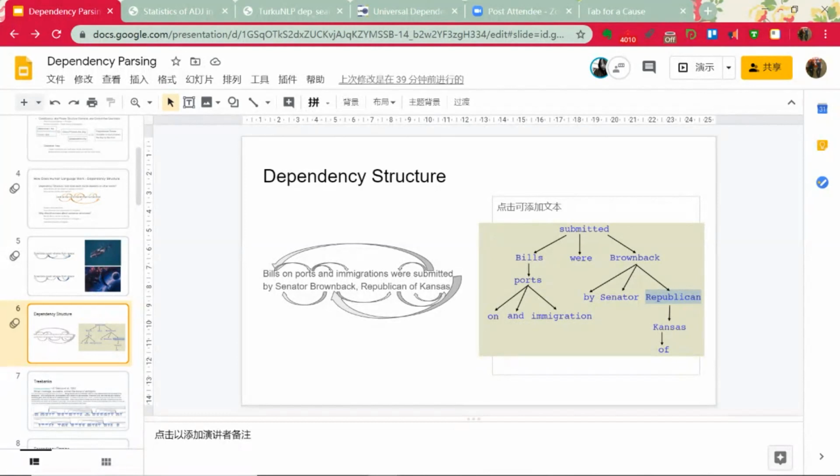From my understanding, that whole thing should be a dependent of Brownback, but within itself, it has its own structure. So Kansas is the dependent of Republican. That's how I understand why immigration is not a direct dependent of bills. I believe that if you shift the position of immigrations and ports, the answer will be different. Yeah, that's how I understand this.